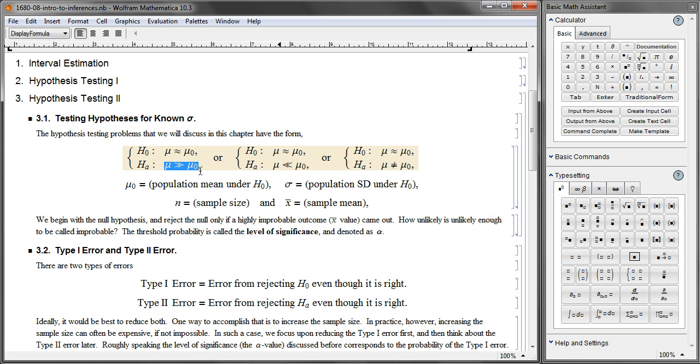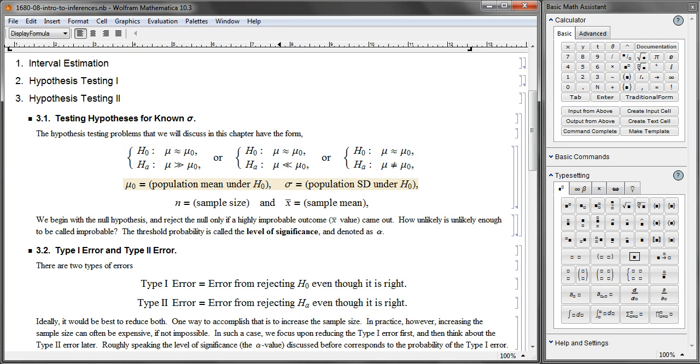Mu is significantly greater than mu naught. In other words, the real mean or the new mean is significantly bigger, or significantly less, or significantly different. The third case is relatively rare.